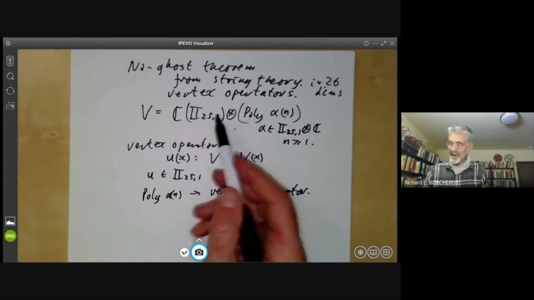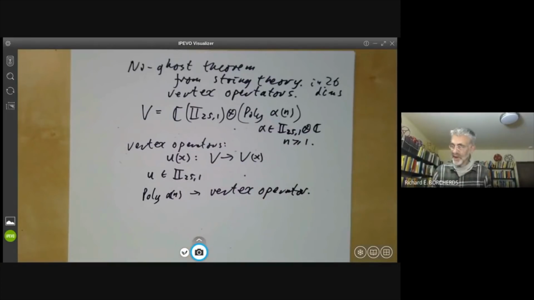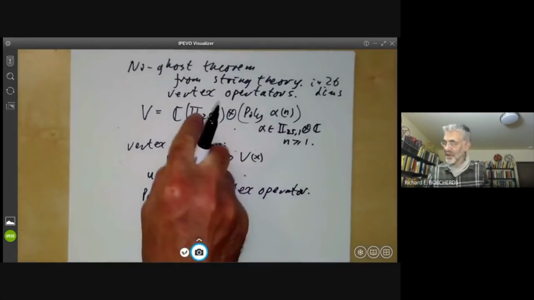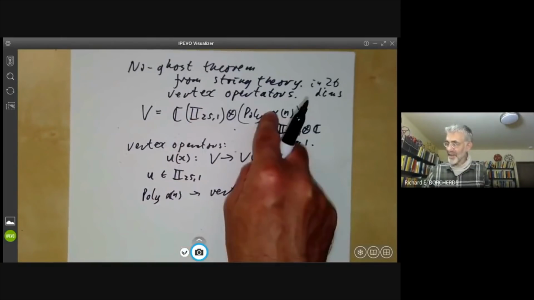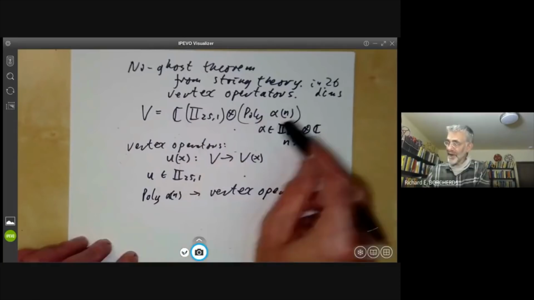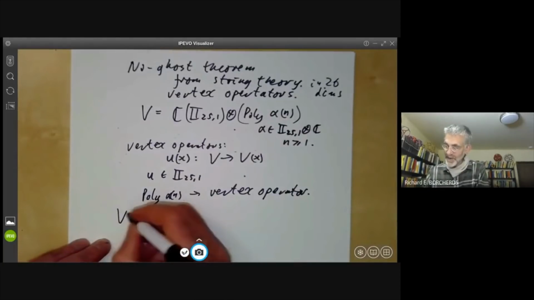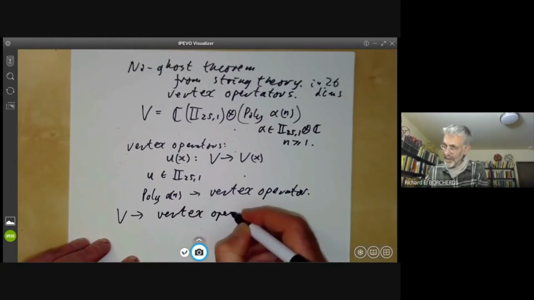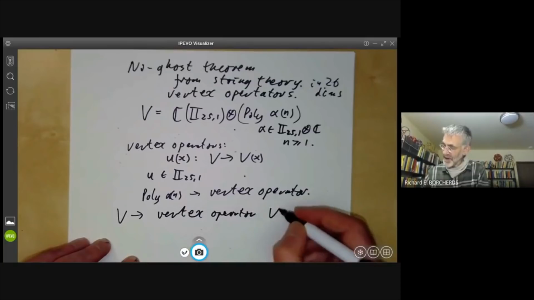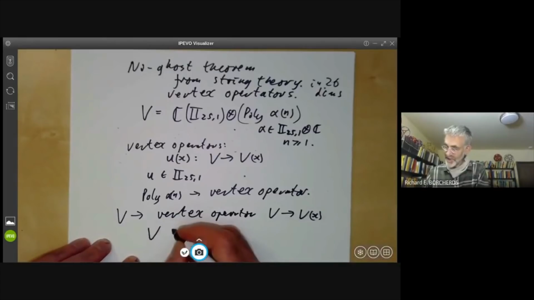And I was studying Frankl's work trying to understand these vertex operators, and it doesn't take long to notice that if you've got a vertex operator for everything in here and a vertex operator for everything in here, then maybe you should combine these and have a vertex operator for any element of V. So every element of V gives you a vertex operator, which is a map from V to Laurent series in V. In other words, you're getting a sort of algebraic structure.